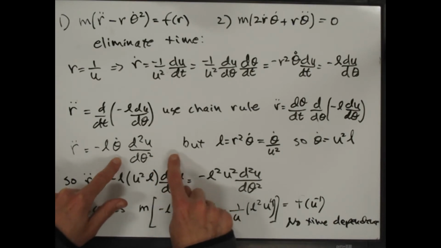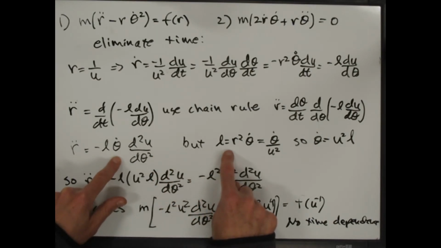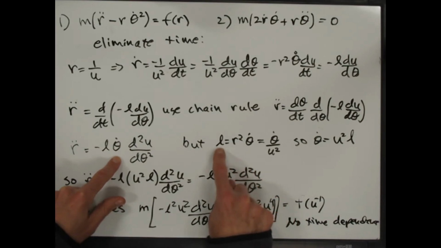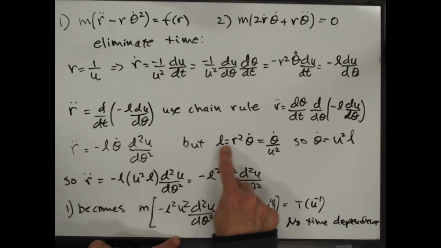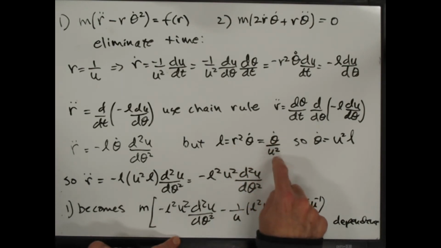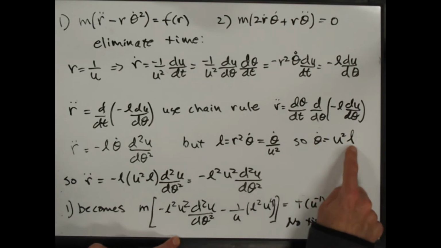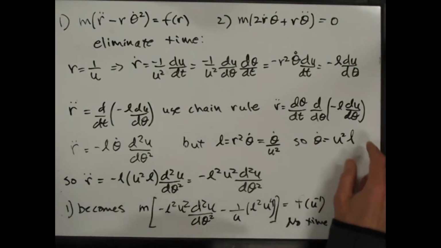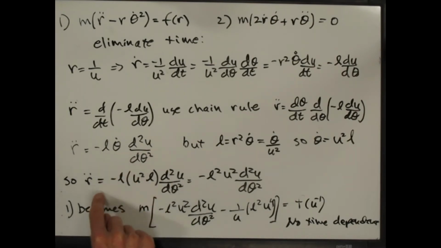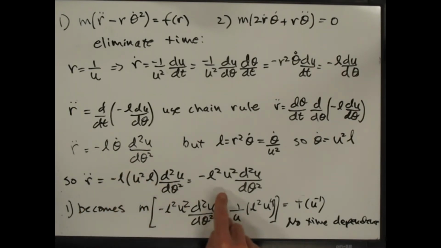And then we can look at this theta dot and rearrange it so that it's just another angular momentum term. Remember, the angular momentum per unit mass is r squared theta dot, and so it's the same thing as theta dot over u squared, and so theta dot is u squared times the angular momentum per unit mass. And so I can take this piece and stick it in here for this one, and that gives me an r double dot that also has no time dependence. It rearranges to this.